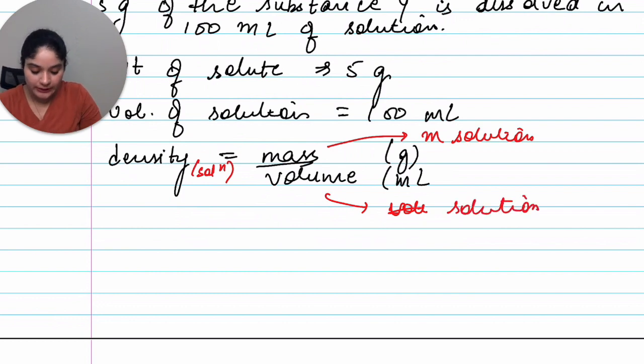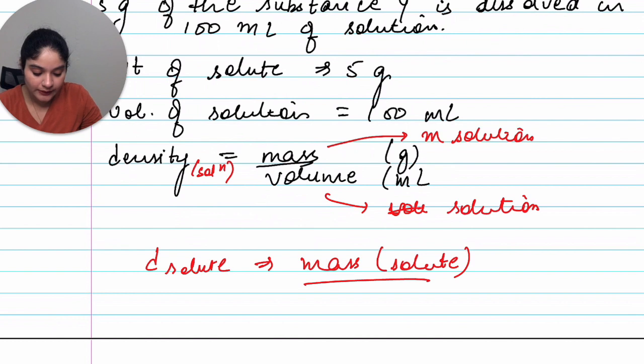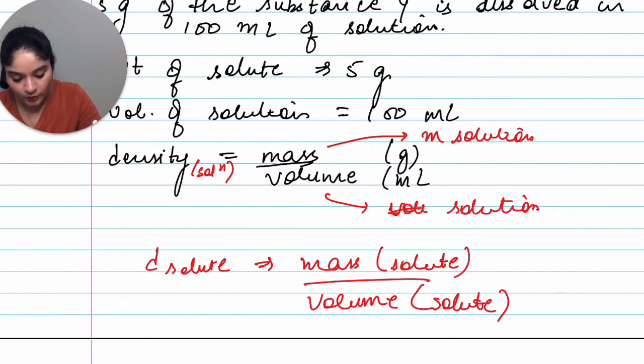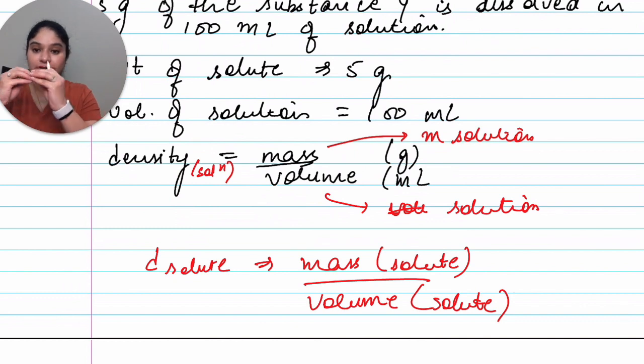If they are giving you density of the solute, then your mass is of solute divided by volume of the solute. So whatever density they have given will help you understand what formula to use or what is happening in this question. Okay students, so let's see. Now density of the solution is given, so that means mass of the solution divided by volume of the solution. Let's see how we will solve this particular question.